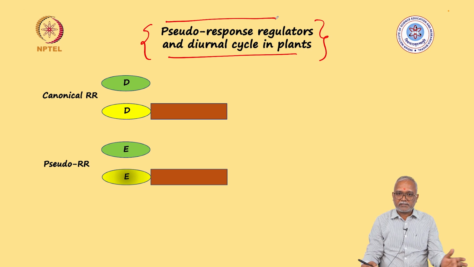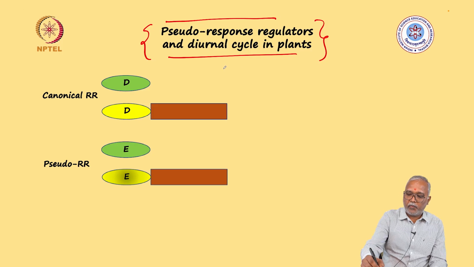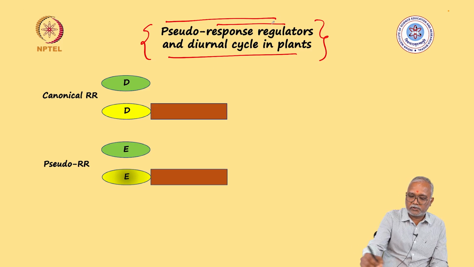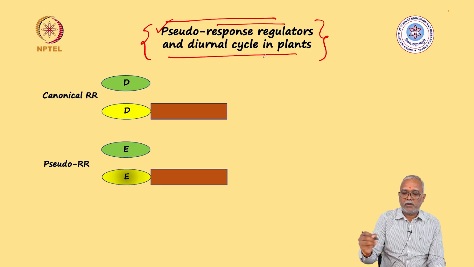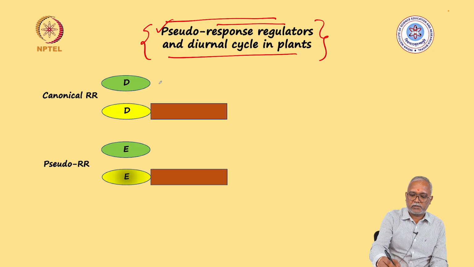We saw in previous cases, whether it was ethylene signaling or many other cases, that a variant form of receptor histidine kinase was working. Here we are taking an example of a variant of response regulator, which is called pseudo response regulator, and how they add into the diurnal cycle of the plant. So canonically, there are response regulators of two types.